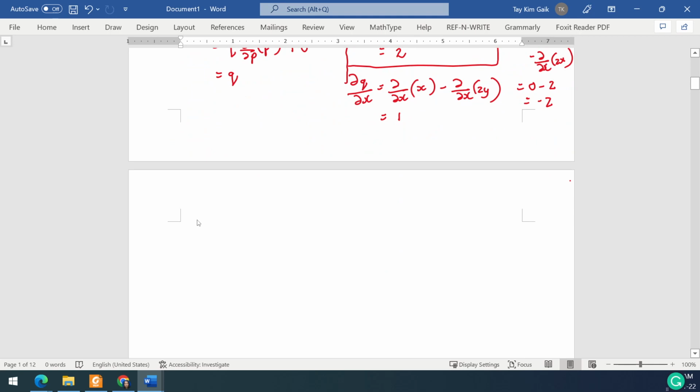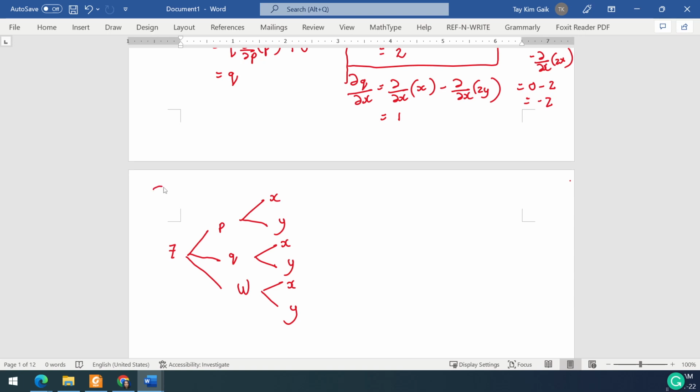For question B, your z here has p, q, w, and then p, q, w have variables x and y. When you have more than one variable, we don't write d, we write del.